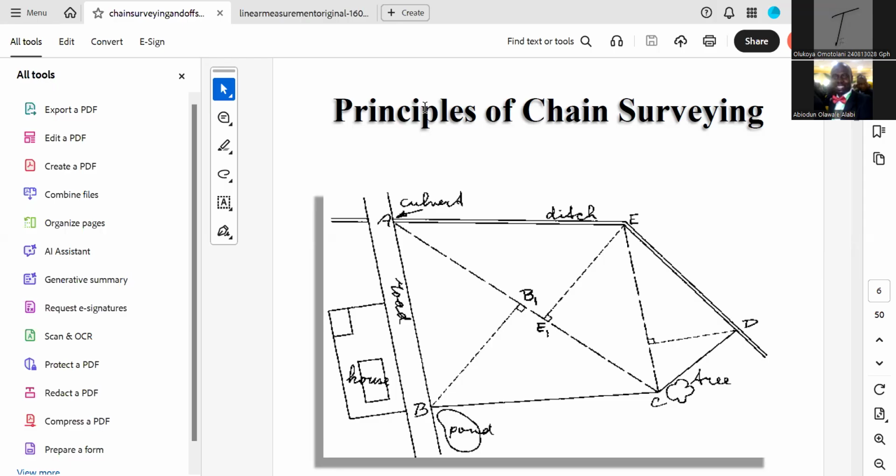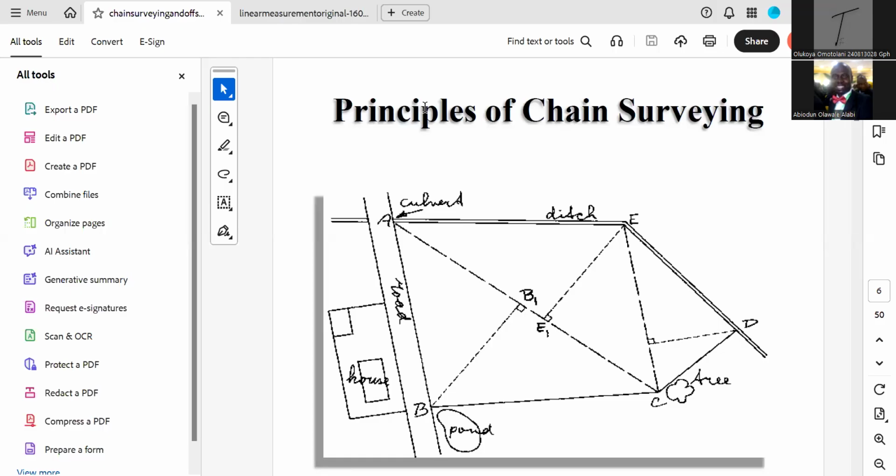So offset is when you are taking lateral measurements to locate interior details within the area to be surveyed. All right. And while doing that, you need your tie lines. You need tie lines to achieve that.